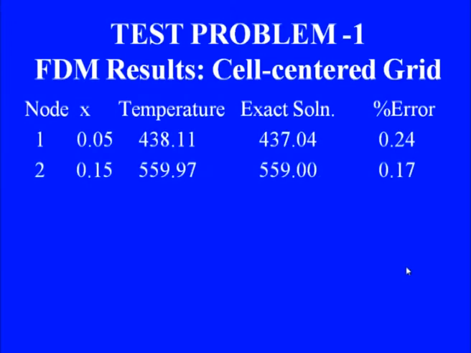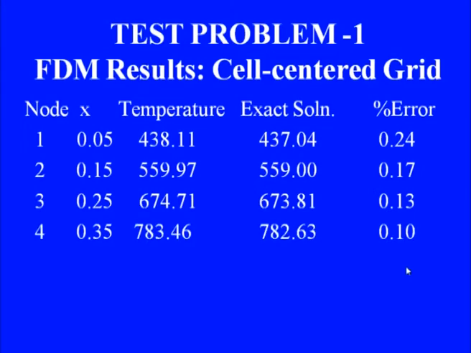Now, FDM results with a cell centered grid. Now, the grid points are in the middle of the cell, 0.05, 0.15, 0.25 and so on. So, now you can easily say that errors are very small, much smaller compared to the solutions we obtained with the standard finite difference grid.